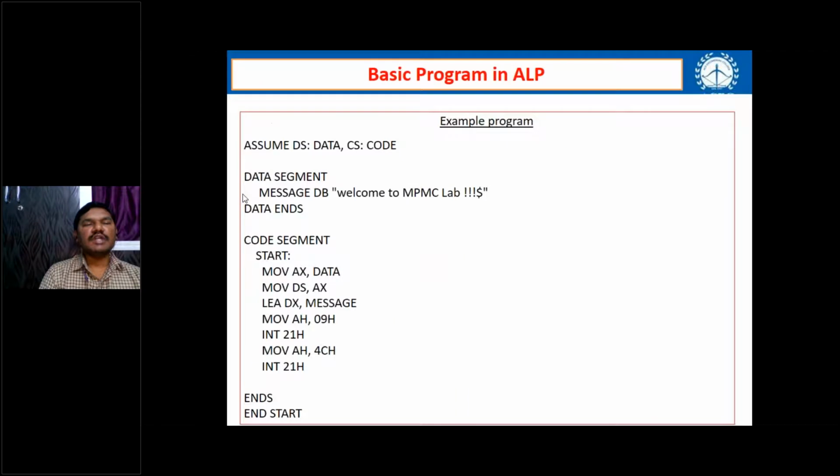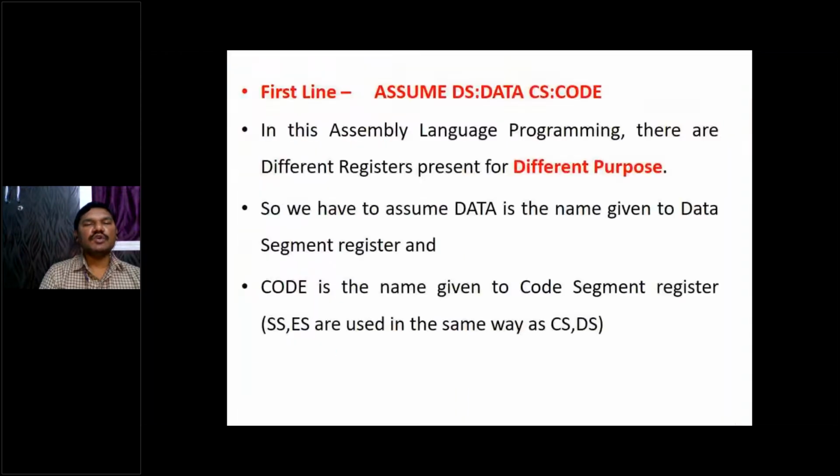See, what is the first line? Assume DS data and CS code. In assembly language programming, there are different registers present for different purposes. So we assume data is the name given to the data segment register, and code is the name given to the code segment register.